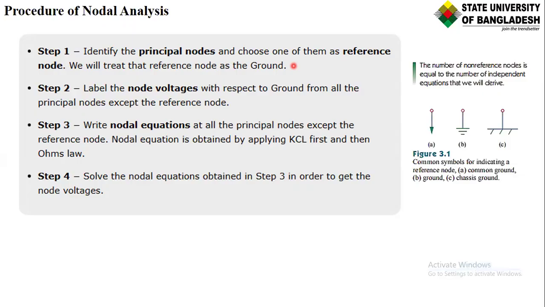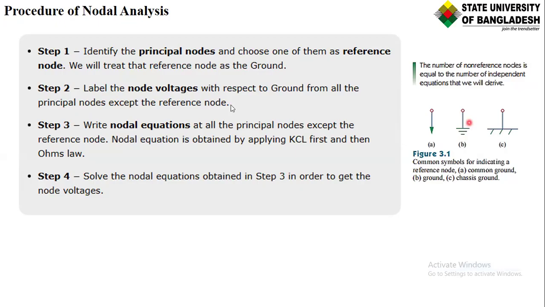The ground that we will identify in our circuit will look like this. For the rest of our classes, we will use a common ground symbol; we can use this symbol A, B, or C. For my class, I will use this symbol as our reference common ground.